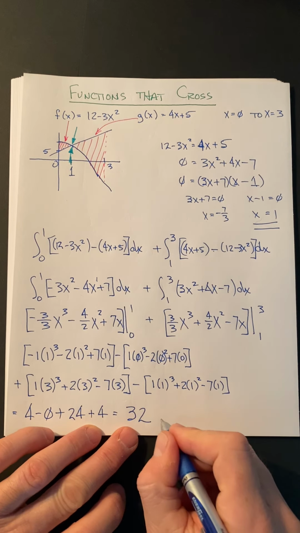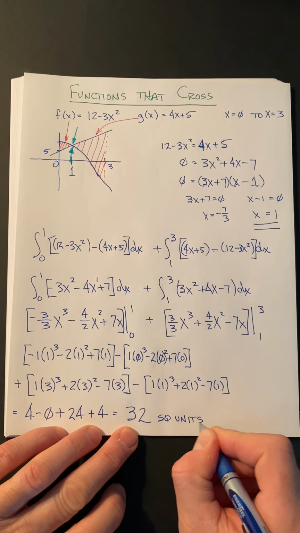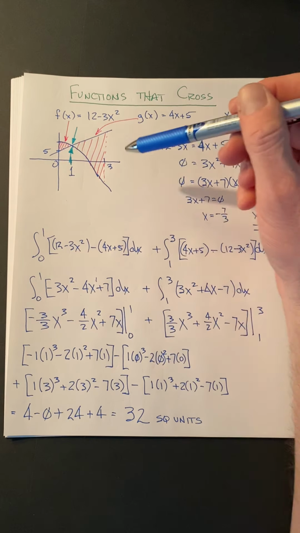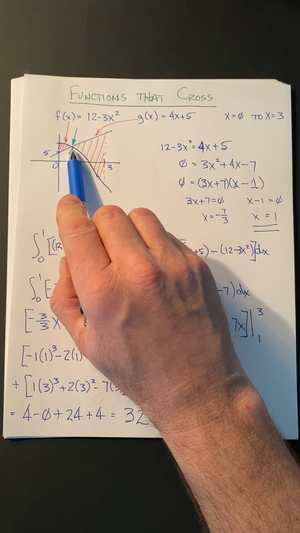All right, and again, some sort of square units for finding the area between two functions that actually intersect with one another. It's important that you understand how I can find their intersection.